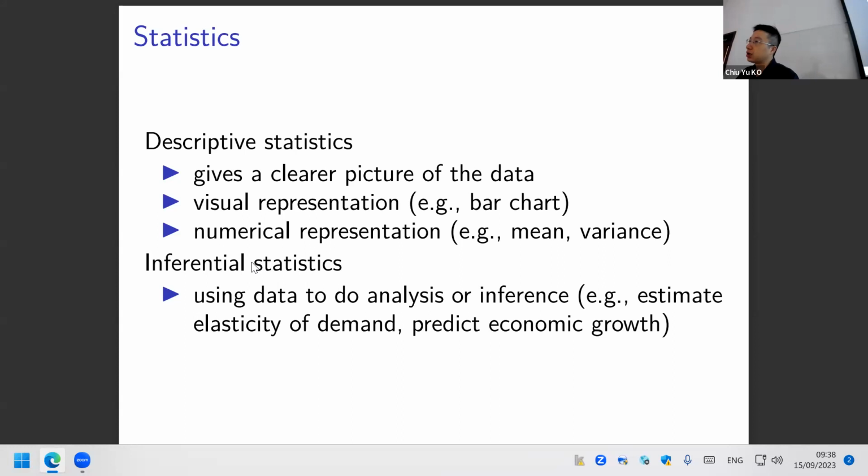And the way we do that is two ways: one is the visual version, and the other one is the numerical version. The visual version, I'm pretty sure you have learned since primary school or even kindergarten, right? So the pictogram, histogram, bar chart, line chart, those. So we're not going to repeat those, but instead we are focusing on the numerical representation, which is the summary statistics, right?